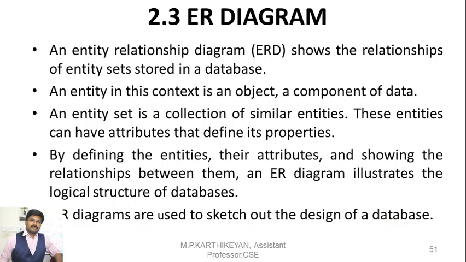Let's assume, for example, we have two entities. One is a department and another one is a student. Department has some attributes and the students have some attributes. The relationship between the student and the department is mentioned in the ER diagram.